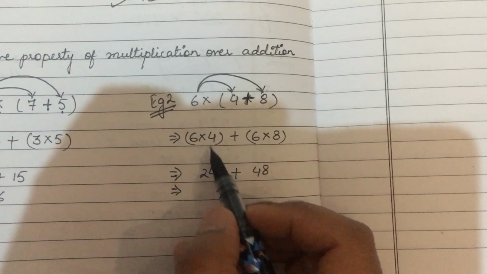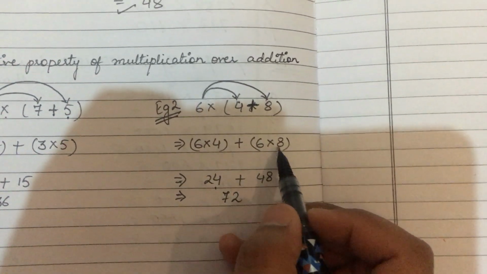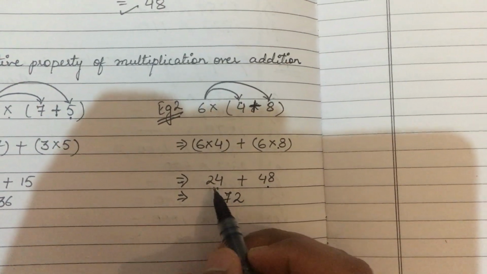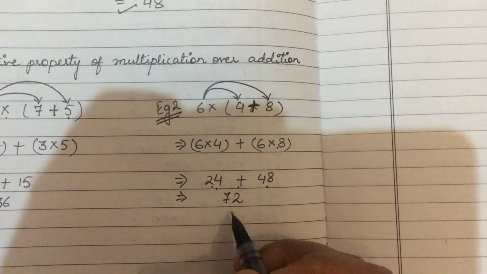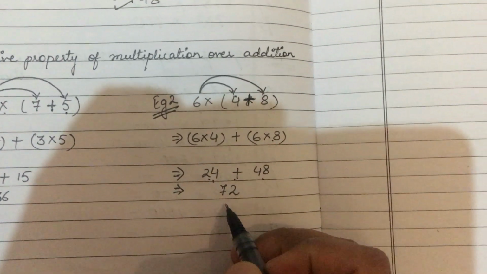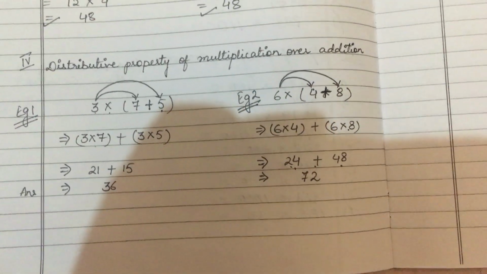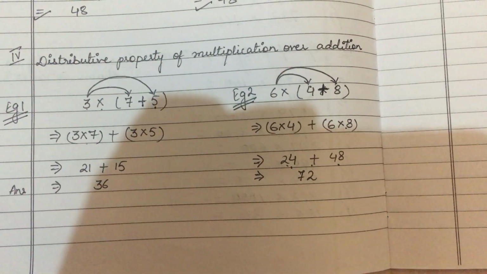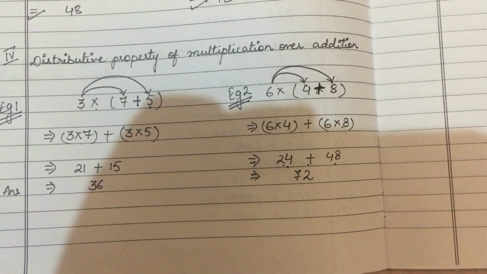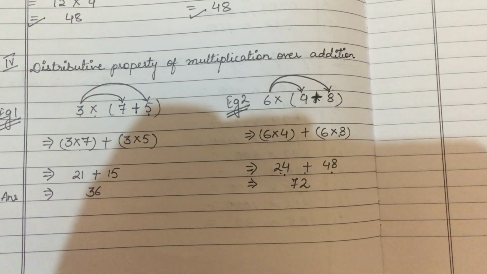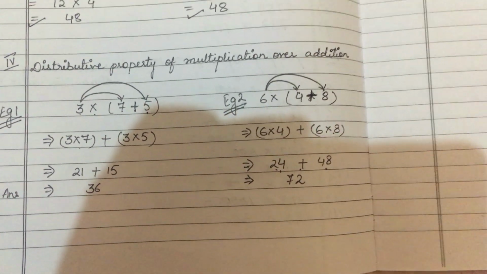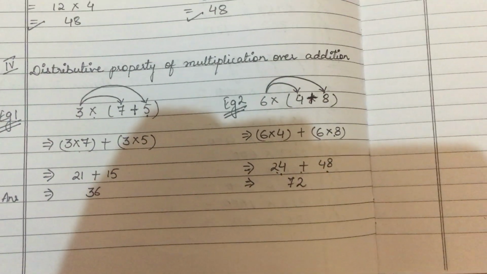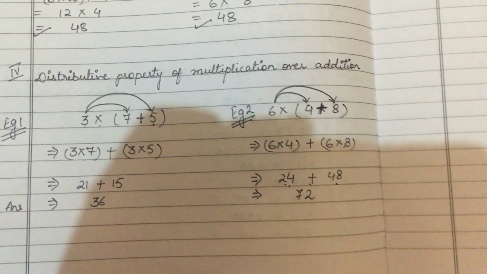So 6 fours are 24, 6 eights are 48, and 24 plus 48 is 72. This is basically how we distribute multiplication over addition. So this is known as the distributive property of multiplication over addition.